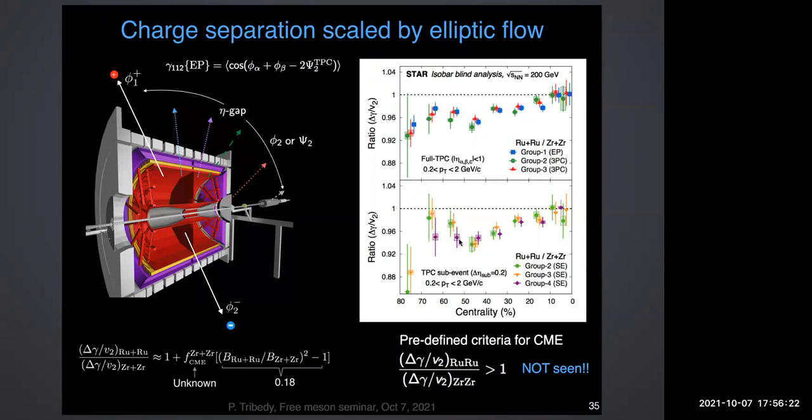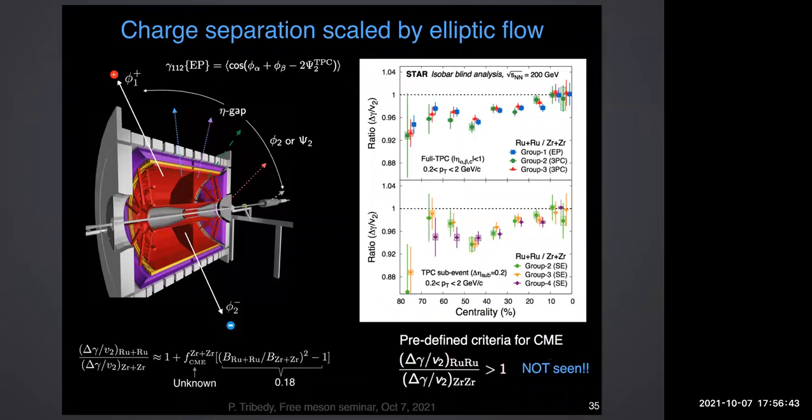The same is also true here, except for maybe over here, everything is below 1 also, right? So the predefined criteria that we had, that ruthenium delta gamma over V2 has to be larger than zirconium, is not seen. So we do not see this signature that we have.